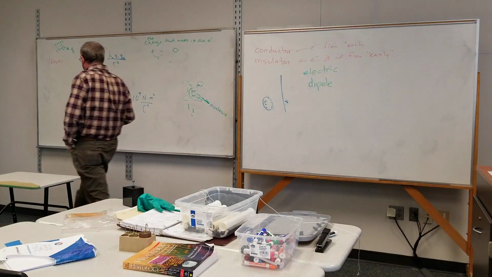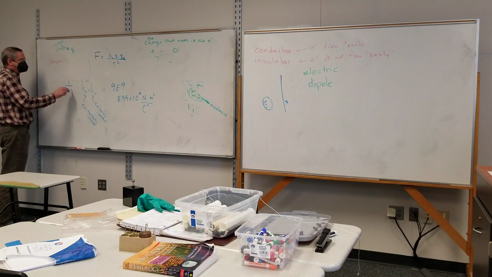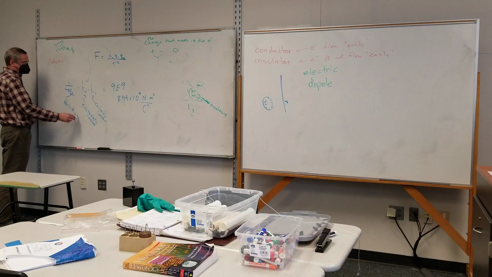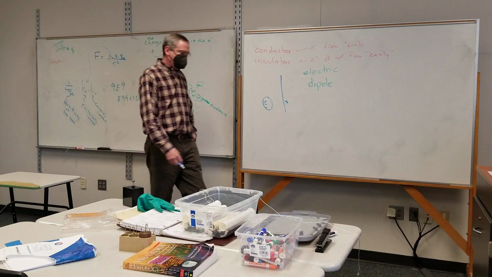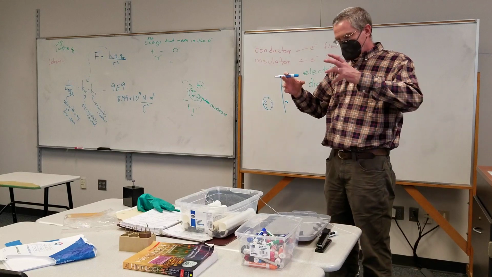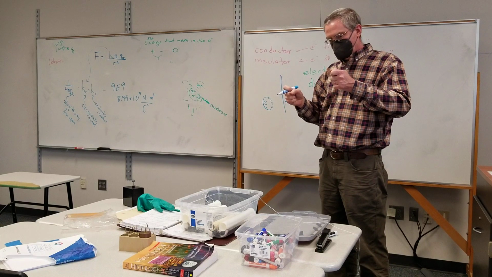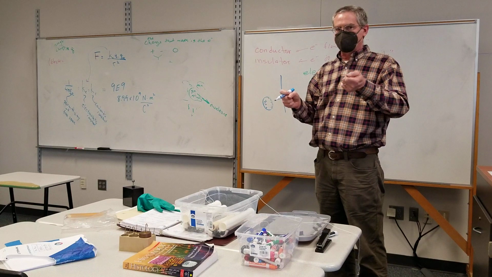I'm also going to introduce another term earlier than I usually do. This is also equal to 1 over 4 pi epsilon sub 0. And epsilon sub 0, this bit, is known as the permittivity of free space. We'll go into more detail on permittivity in chapter 19. What the permittivity is, it's a measure of how a material is affected by an electric field.